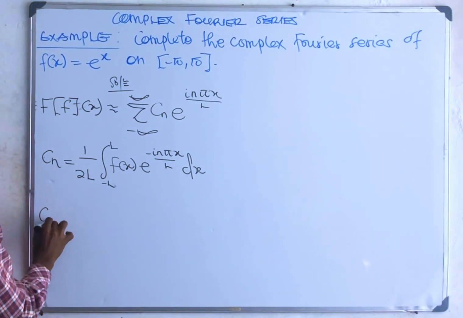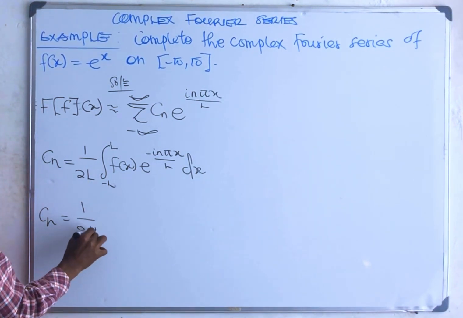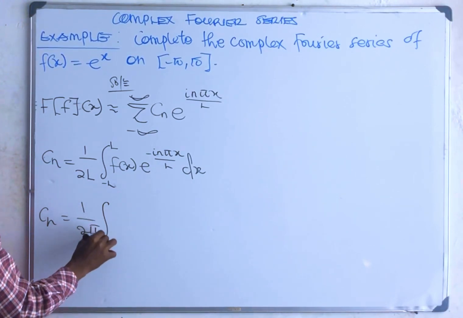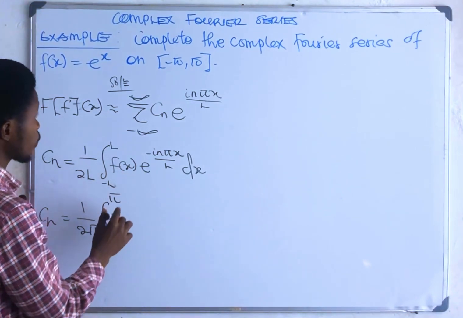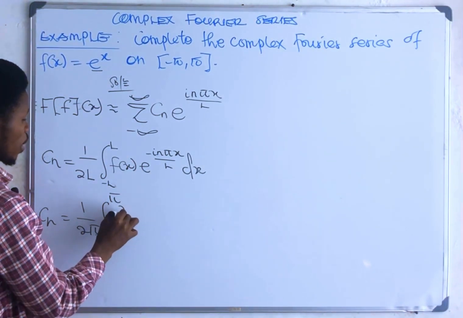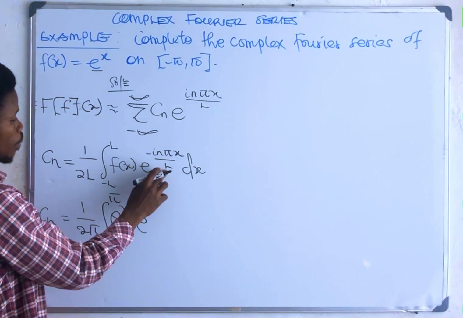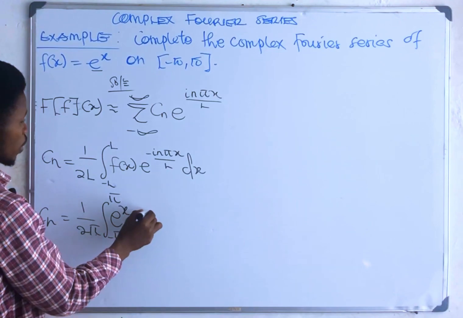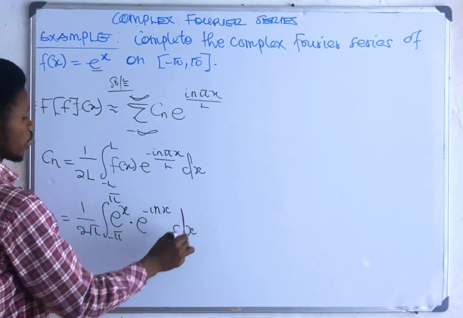So let's substitute. Cn is 1 over, our L is pi, so we have 2 pi, integral of negative pi to pi, f at x is the function given. The function given is what? e to the power x. And this is multiplied by e to the power, this L is pi, so pi will cancel pi, leaving negative i n x dx.